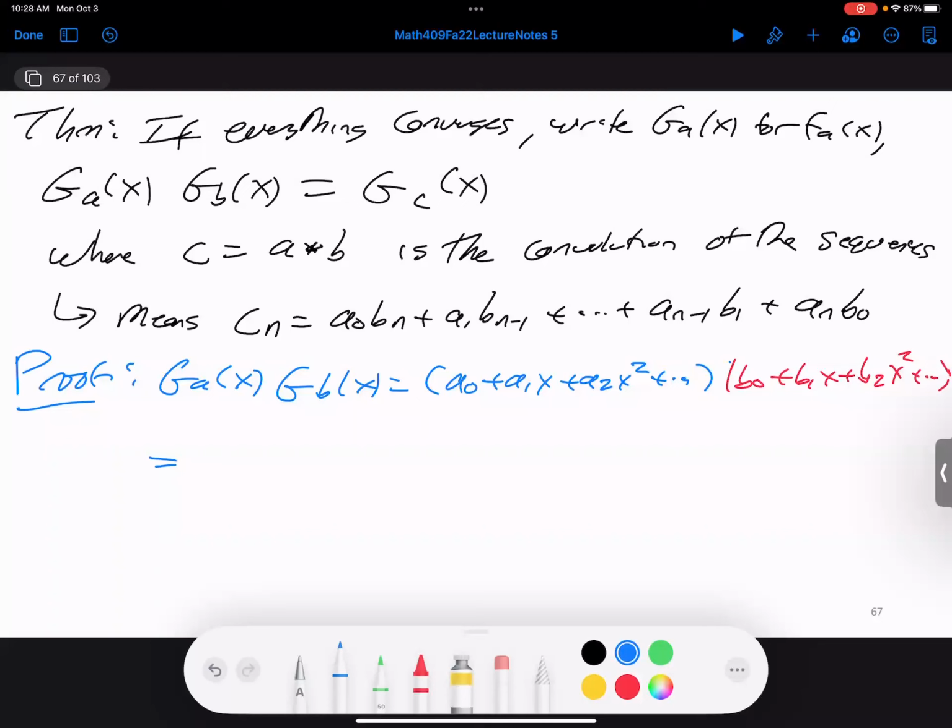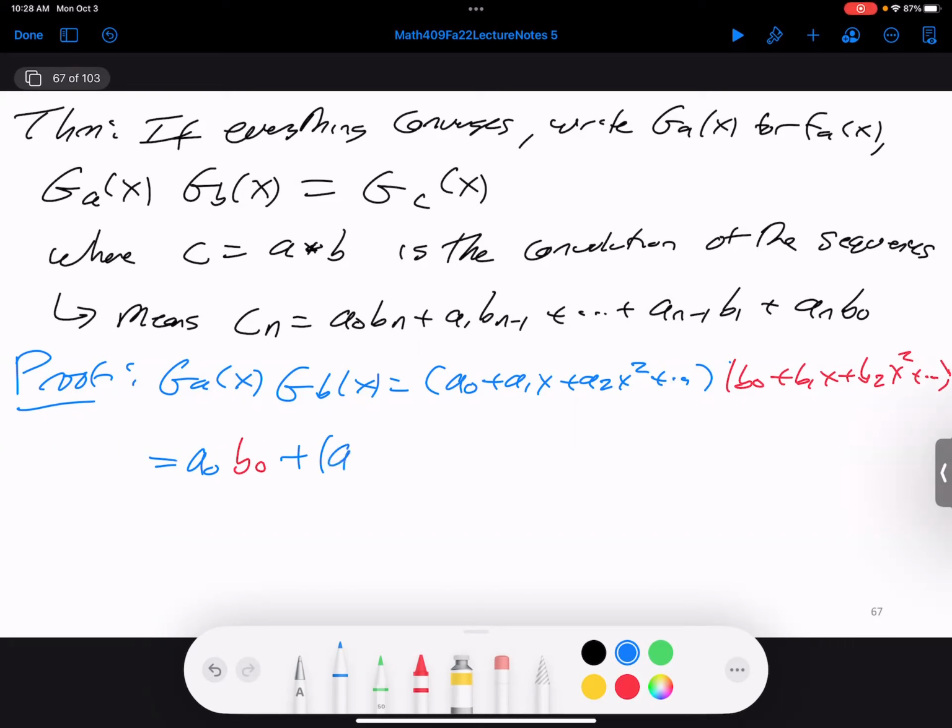The only way is a_0 times b_0. Now, how can I get a term of degree x? I could have a_1 x hitting b_0, or a_0 hitting b_1 x.